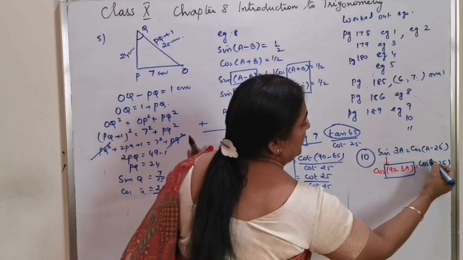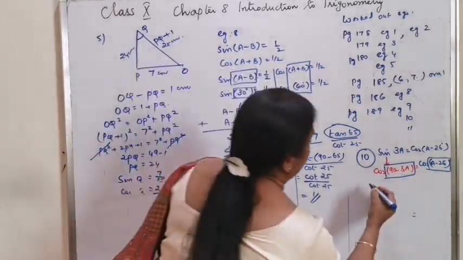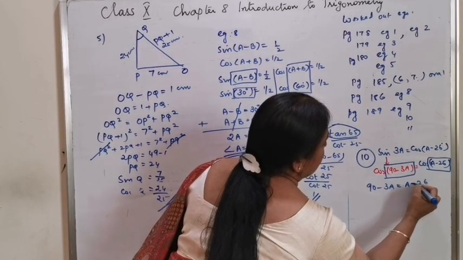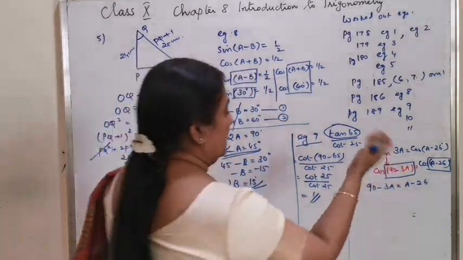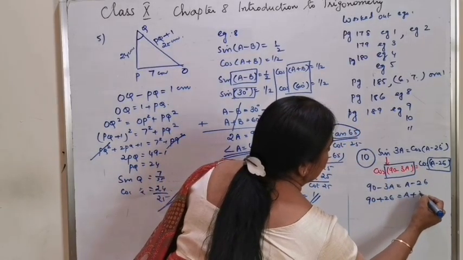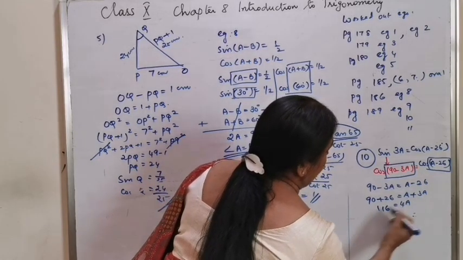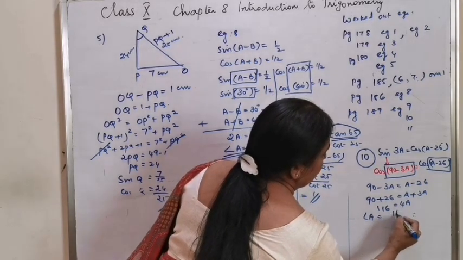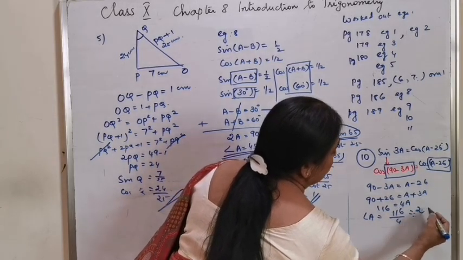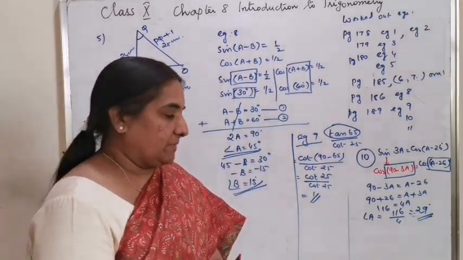Comparing the values of the angles because both sides ratios are cos, 90 minus 3A is equal to A minus 26. 90 plus 26 is equal to A plus 3A. 116 is equal to 4A, or angle A is equal to 116 by 4, that is 29 degree. It's a very important worked out example.